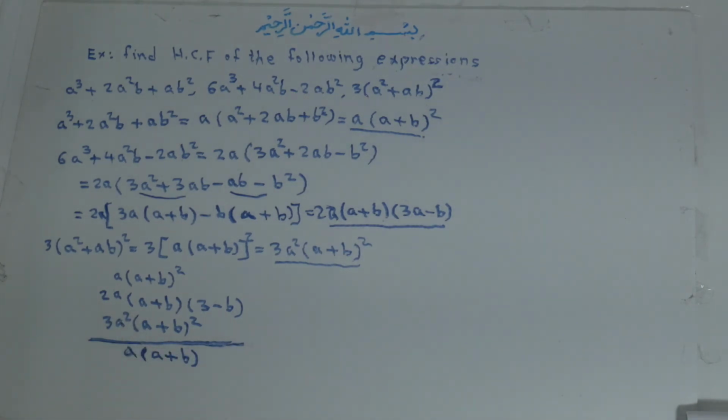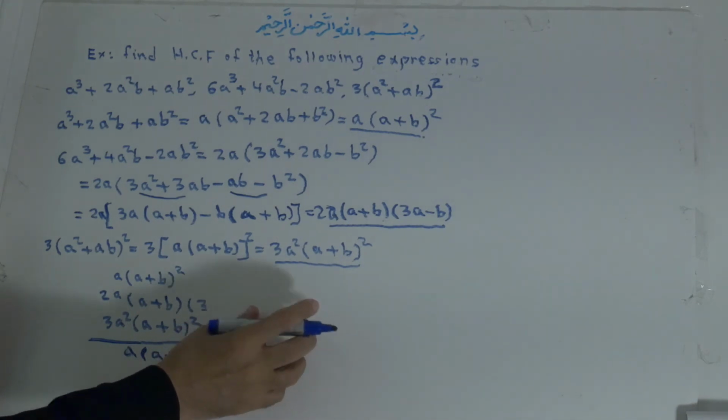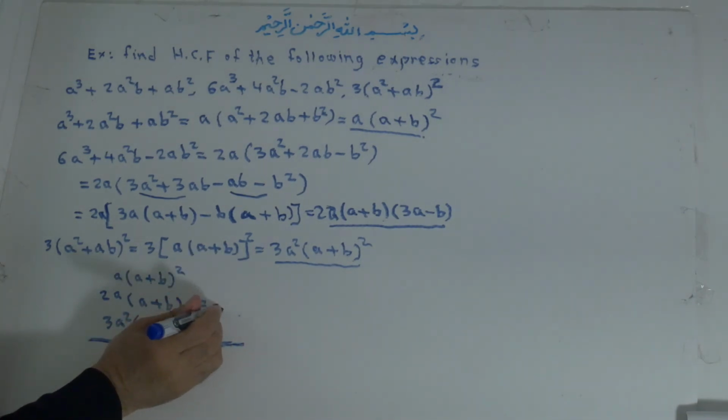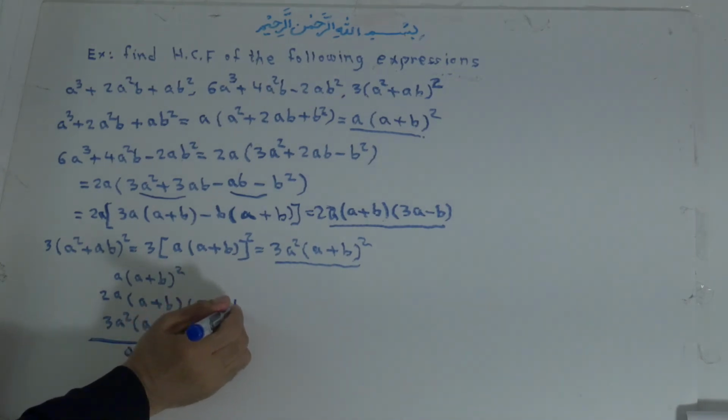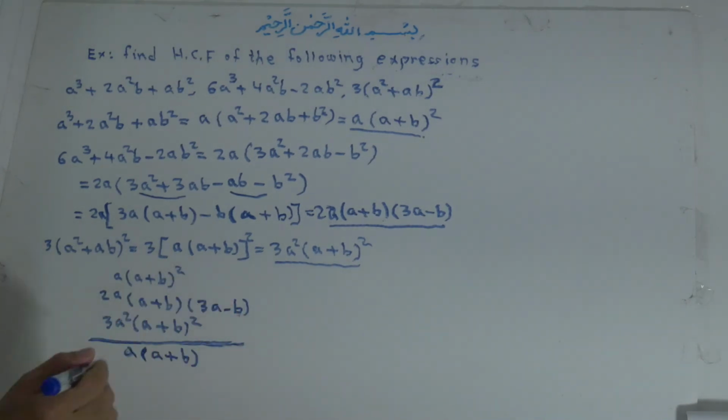The only thing common in all of these is a and a plus b. Here is a to the power of 2, a plus b to the power of 2, here is a plus b to the power of 2, but this is the largest one common to all three. 3a minus b is not common, and the numbers 2, 3, and 1 are not common.